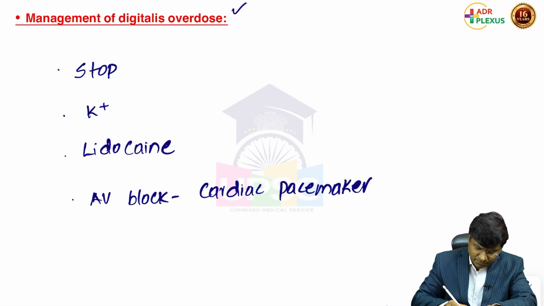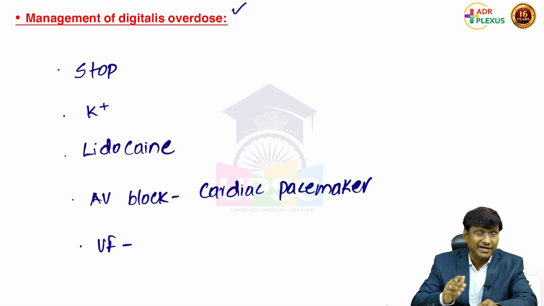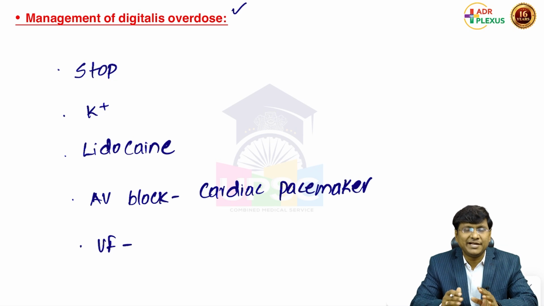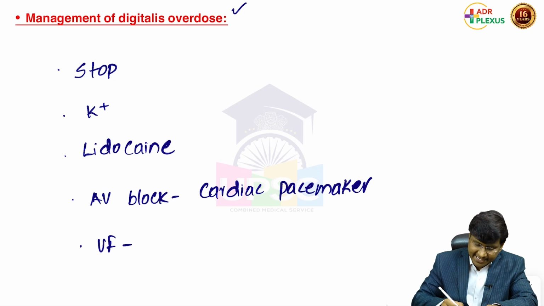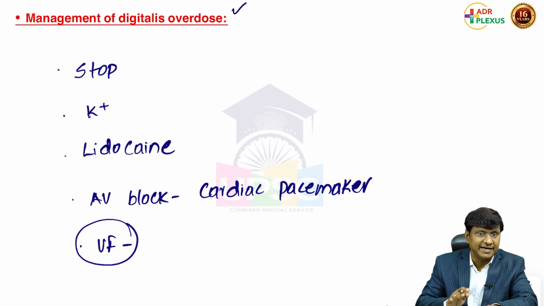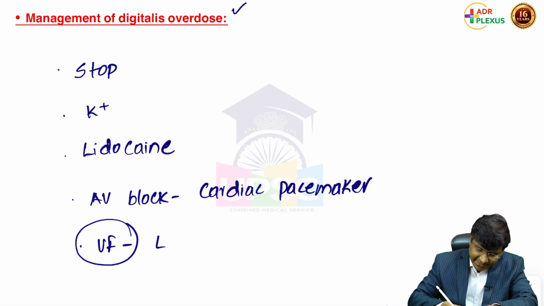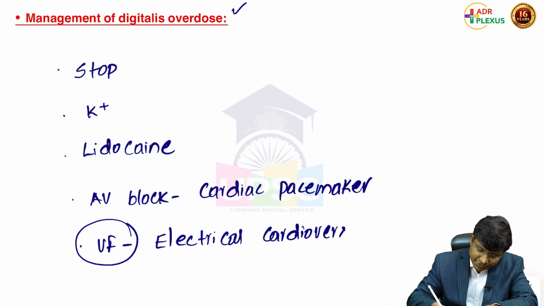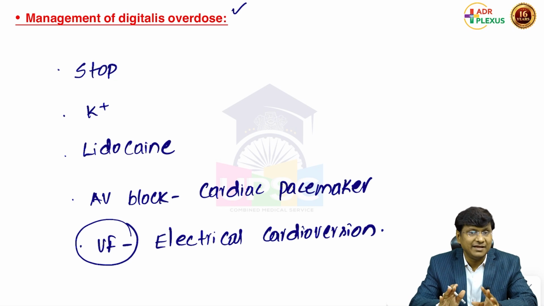And ventricular fibrillation is a type of arrhythmia which is associated with hemodynamic instability. If there is development of ventricular fibrillation, they will require electrical cardioversion. So this will be the treatment if the patient develops ventricular fibrillation.